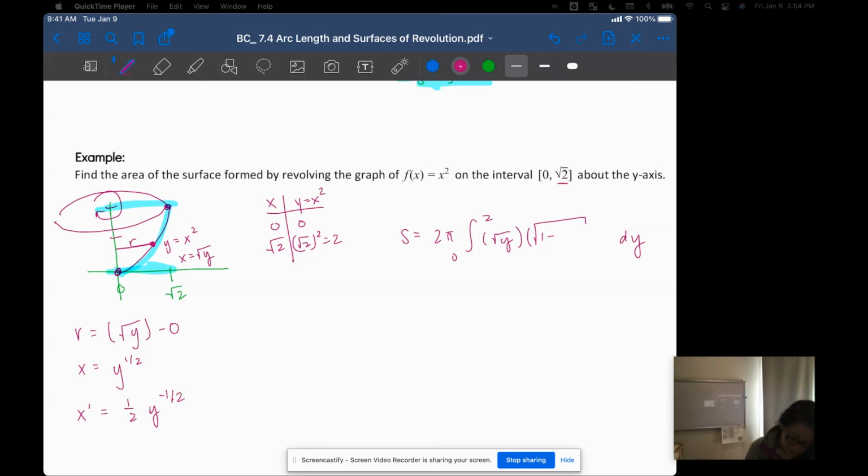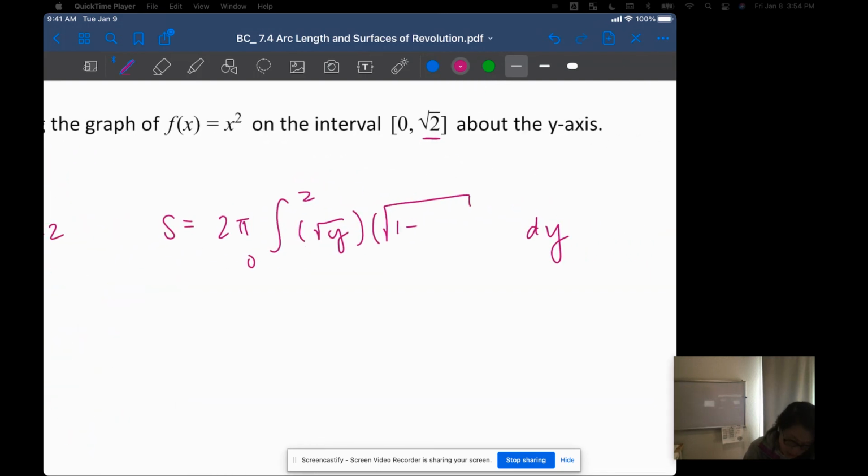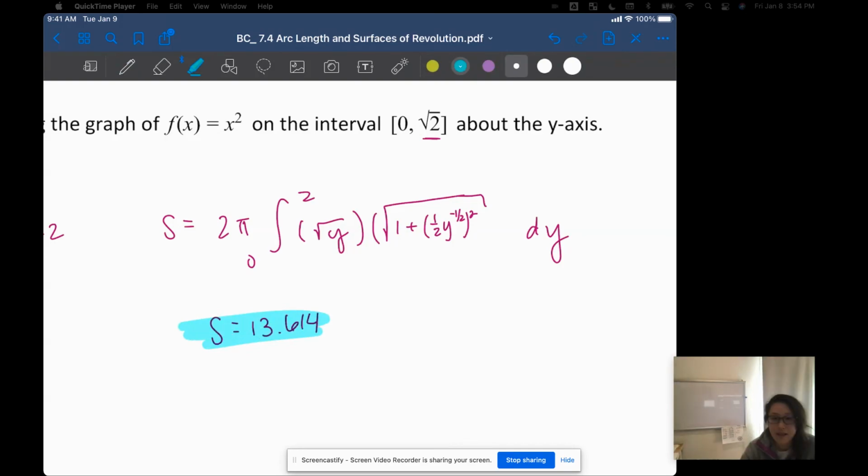So now I'm going to substitute that into my surface area equation, plus 1/2 y to the negative 1/2 squared. And then I use my calculator. So the surface area is equal to 13.614. Yay! That's it.